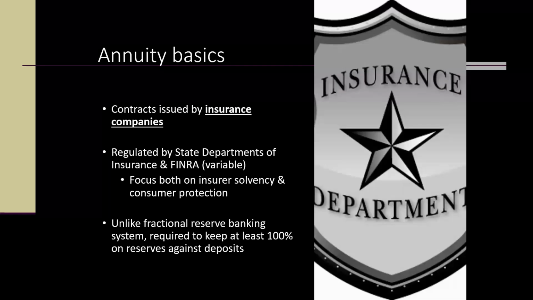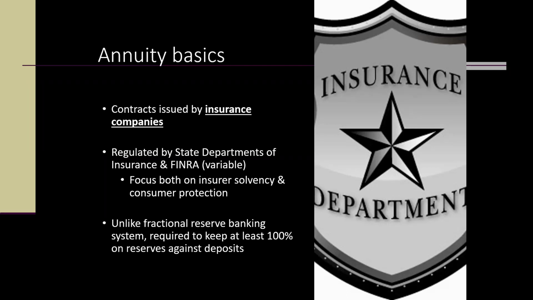Unlike the banks, where the banks are considered a fractional reserve system, insurance companies are required to keep more than 100% of their liabilities as deposits in reserves. So generally speaking, an annuity insurance company is going to be required to keep $1.05 for every dollar in annuity liabilities that they hold on the books, or at least something like that.